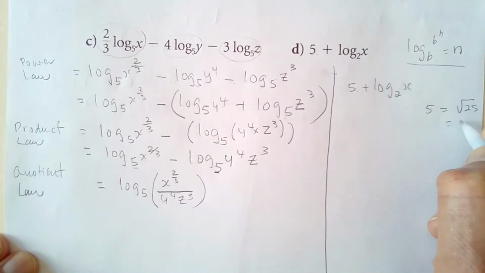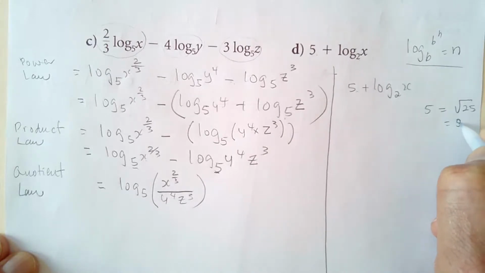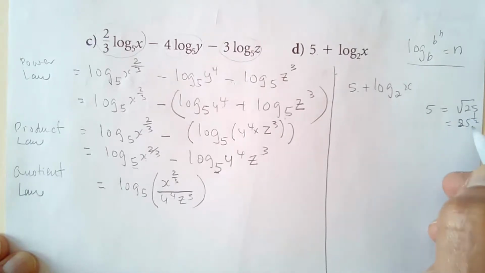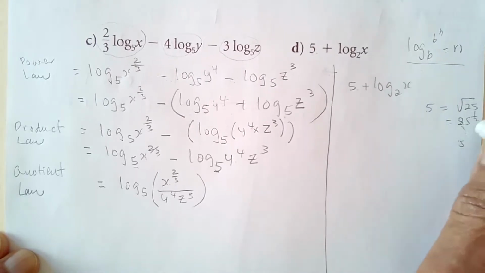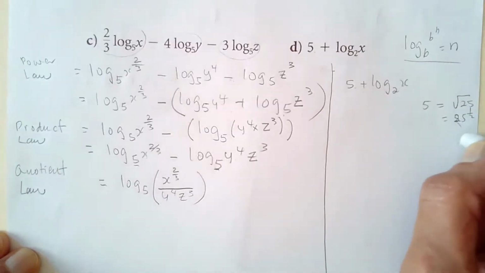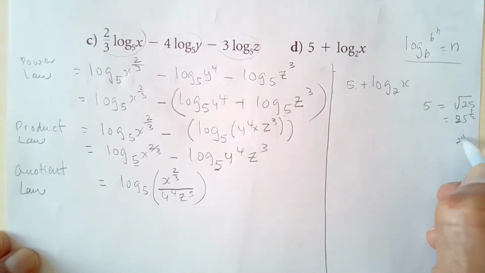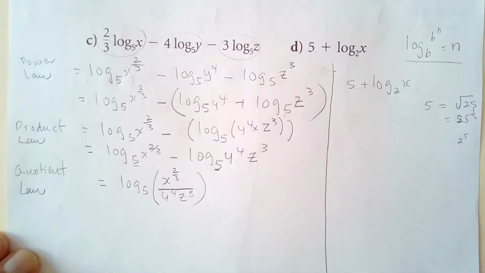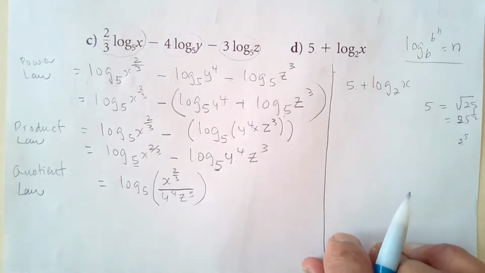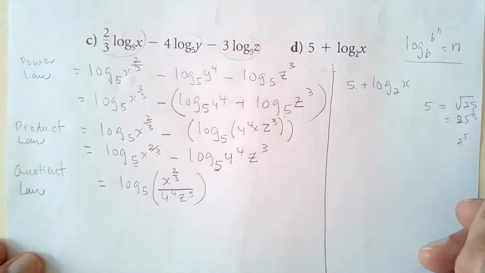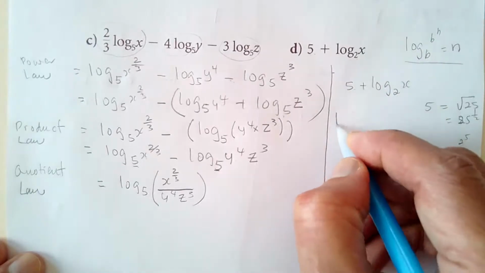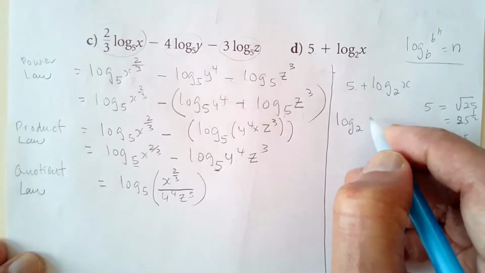So we have that as 25 to the half, which gives me 5. So we write that as 2 to the power of 5. So let's get that as 2 to the power of 5.